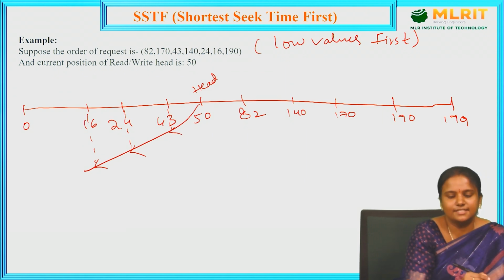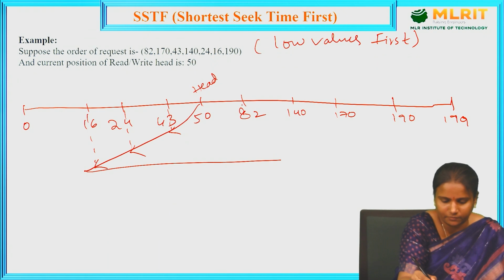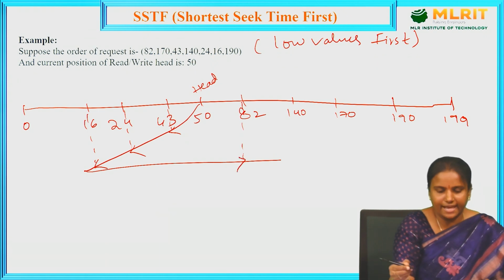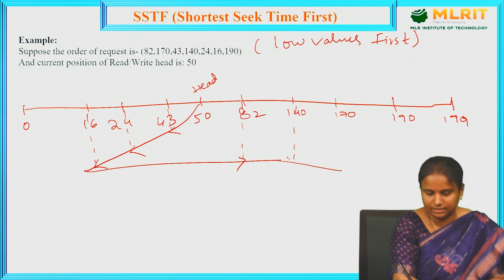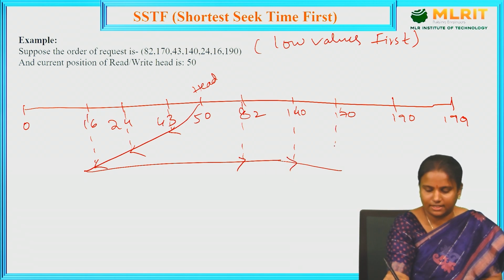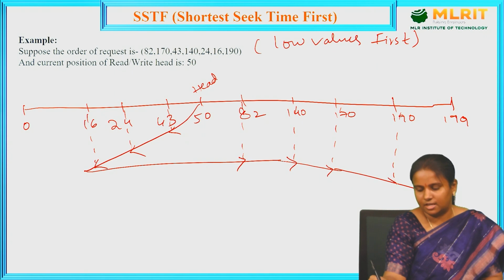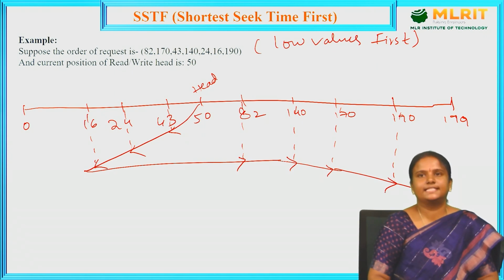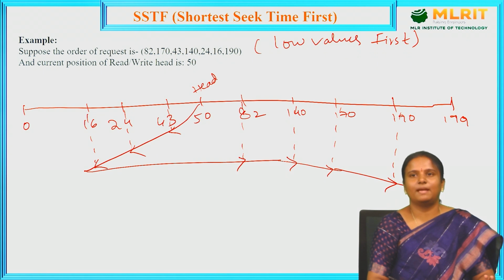And next is 82, so we are moving towards 82. Next is 140, then 170, and the next value is 190. So this is the shortest seek time first. The values which are low will be placed first.